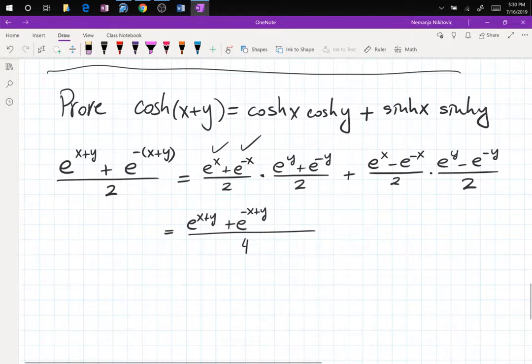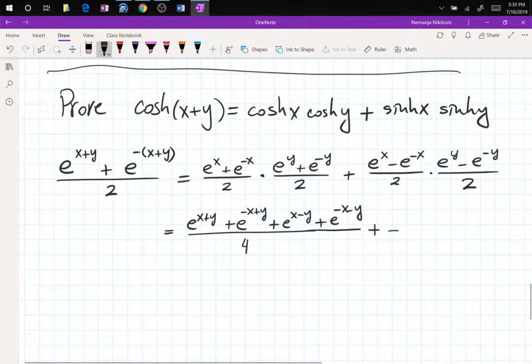Now I have to switch and multiply by e to the minus y. So that's going to be plus e to the x minus y, and finally plus e to the minus x minus y. So when I multiply the first two, I get these. Now, none of them are like terms. None of them combine together.